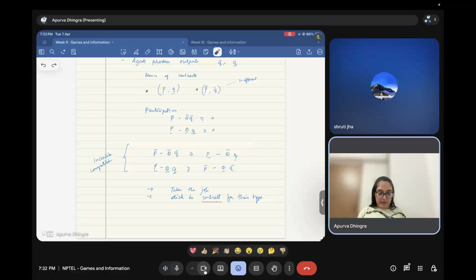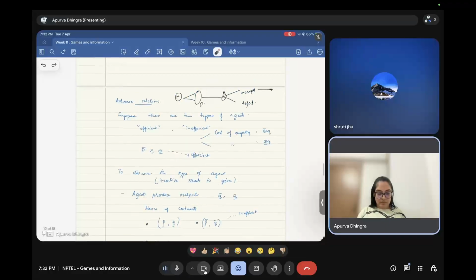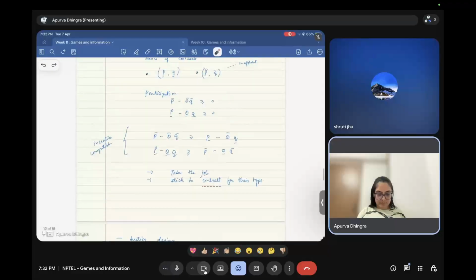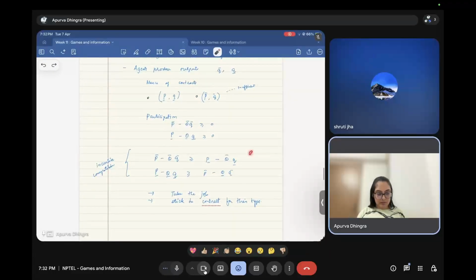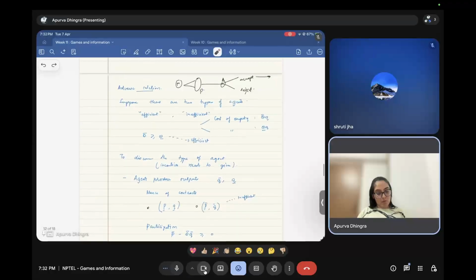And that's the idea of adverse selection. It's basically bringing in a way so that the agents reveal their type, and hence in the process, because they've themselves revealed the type, the principal gives them the appropriate contract, or they're basically choosing the appropriate contract according to their type.